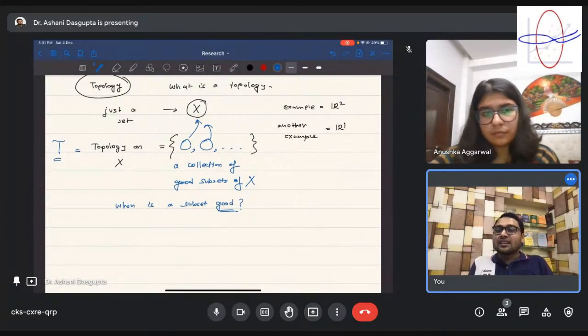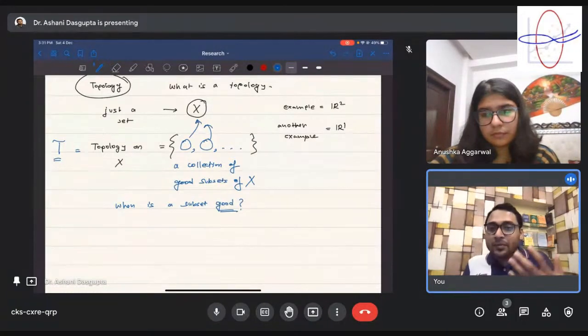Now, what are the desired properties of T? There are only a few, three, four properties actually.